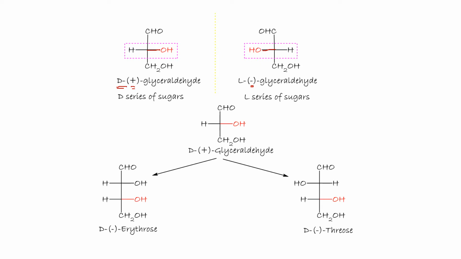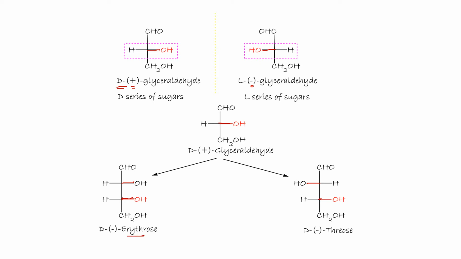If we start with the D family glyceraldehyde, then increase one more carbon up, the OH could be right, could be left. As you can see, it is the D family because this one is on the right. It's D family.